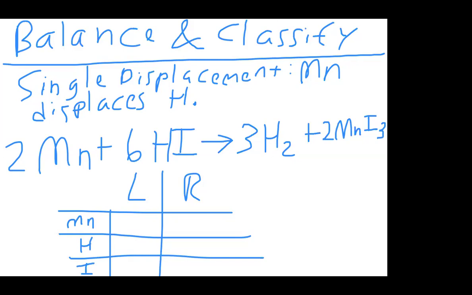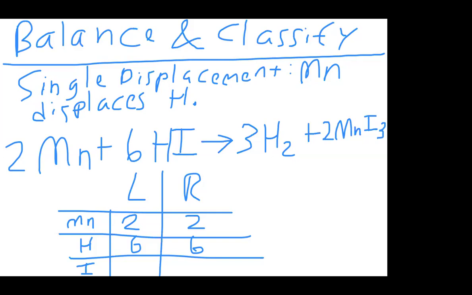Okay, so on the left side, how many manganese? Angel? 2. Good, 2. And on the right side, how many manganese? 2. Okay. On the left side, how many hydrogens? 6. On the right side, how many hydrogens? 6. Yep. So 6 times 1 is 6, 3 times 2 is 6. Great.